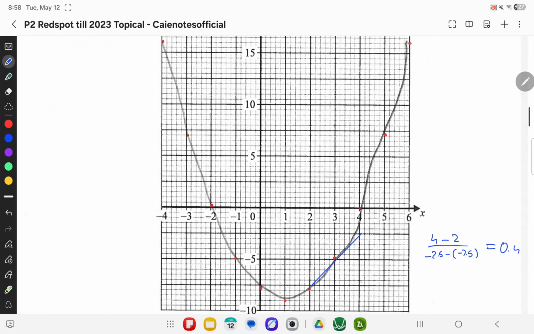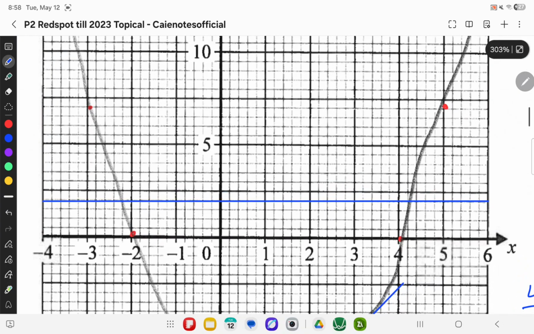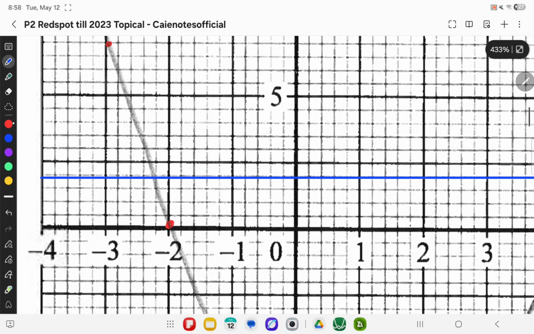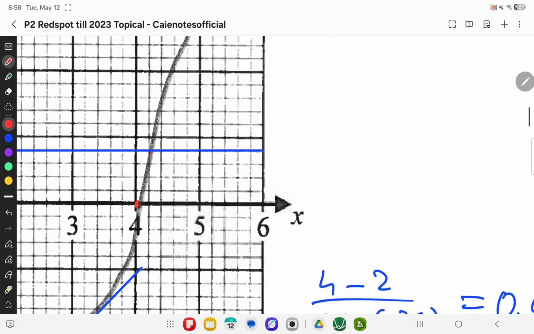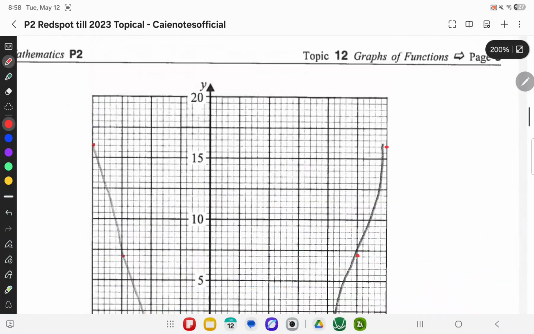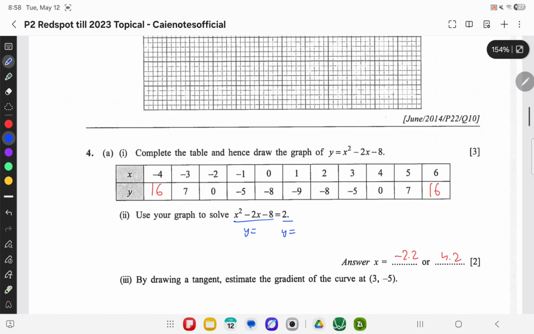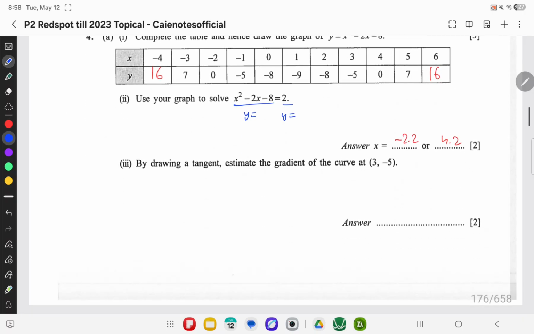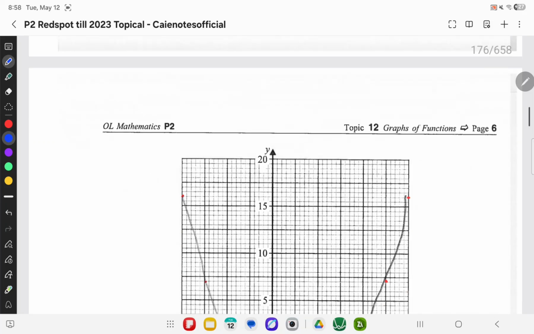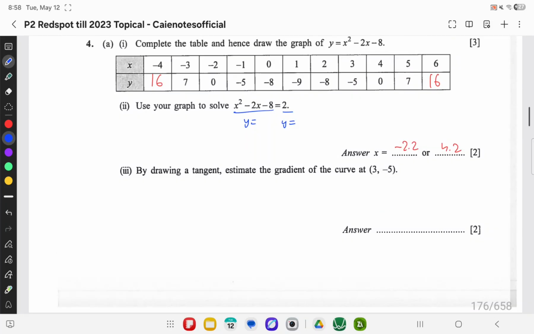So if we plot y is equal to 2, you'll find the solutions, them being about negative 2.2 and 4. Remember, there are no wrong answers. It's just that the range will be specified in the marking scheme. Don't worry about it.